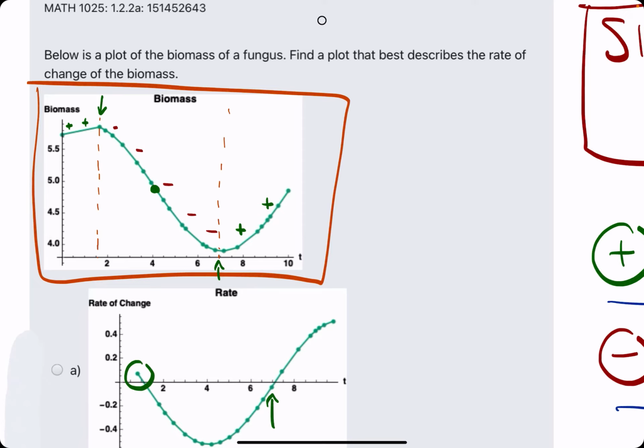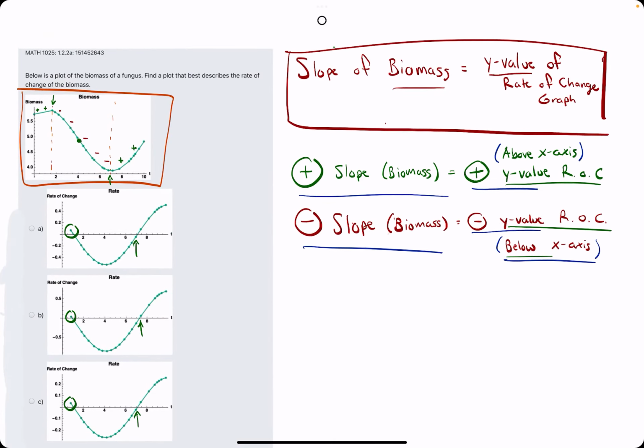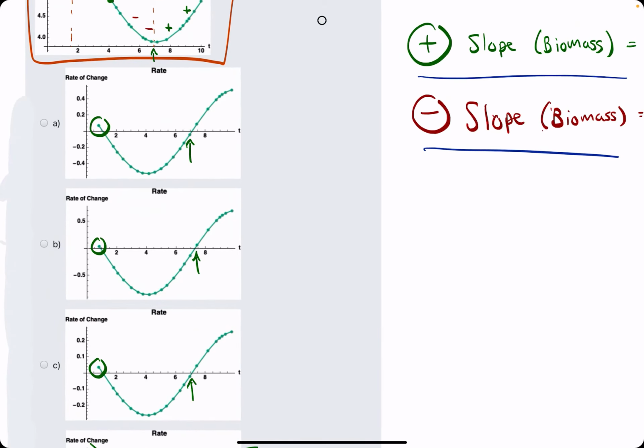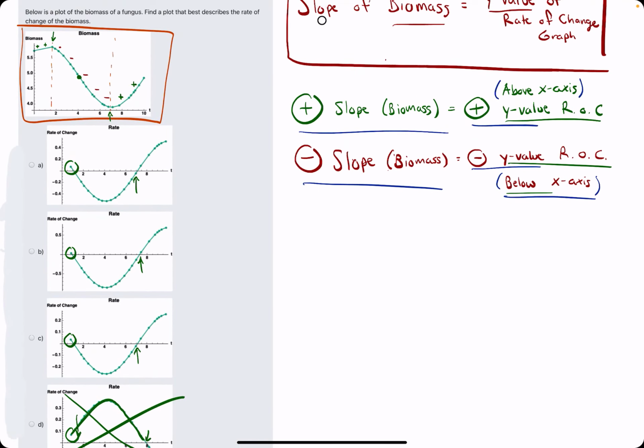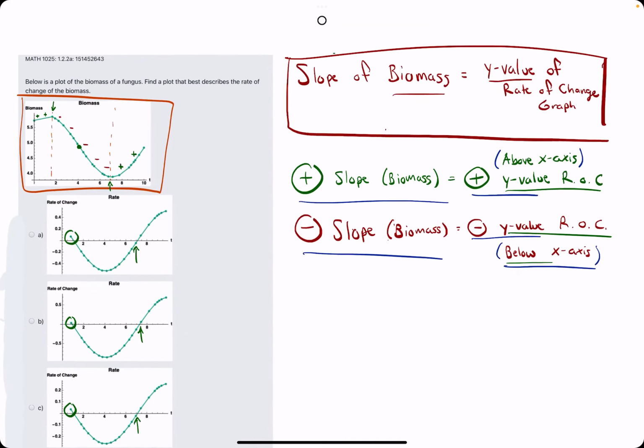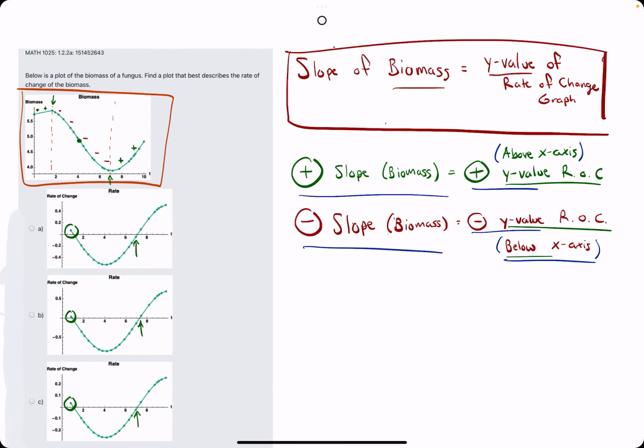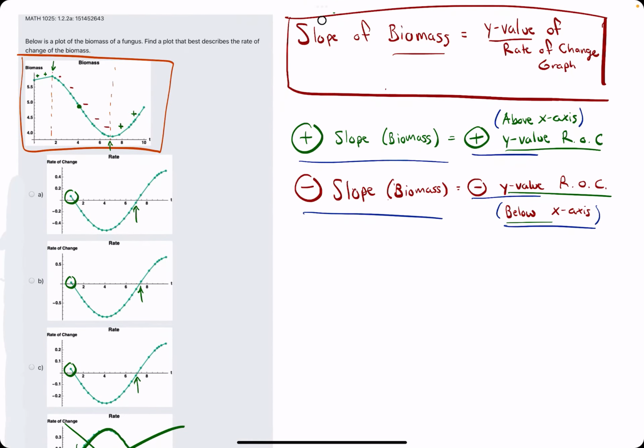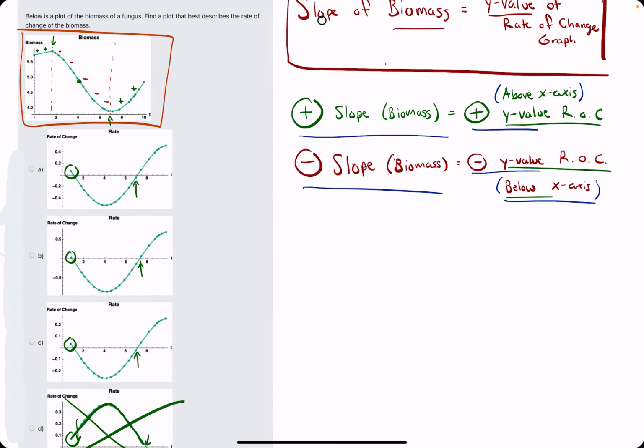We want to find the slope of basically this segment here in the middle. If we can do that, that'll help us identify which of these graphs is correct, because the slope value of the biomass graph should tell us what the y value is on the rate of change graphs down here.